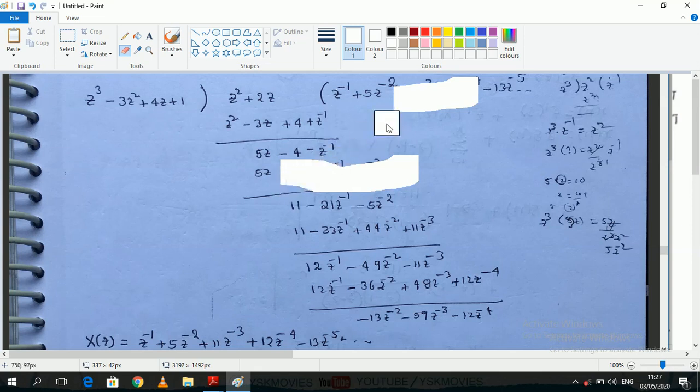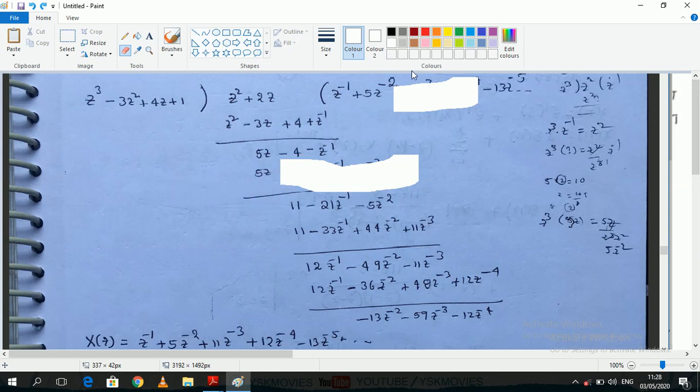I don't know this value at first, so how can you get it? I'm trying to cancel this 5z by multiplying some value with z cube so that we get 5z. I came to know that if I multiply with 5 into z power minus 2, I get 5z.